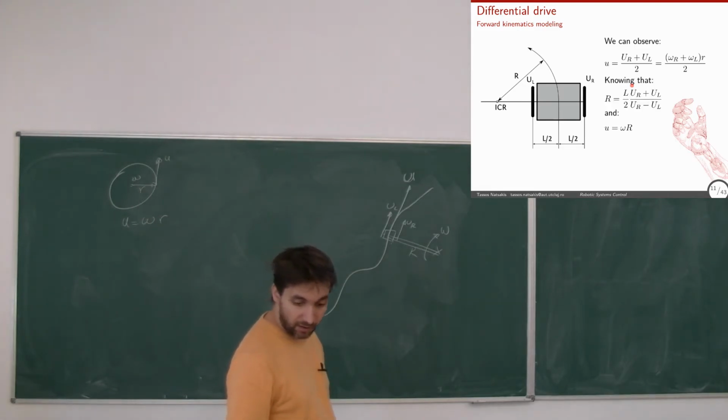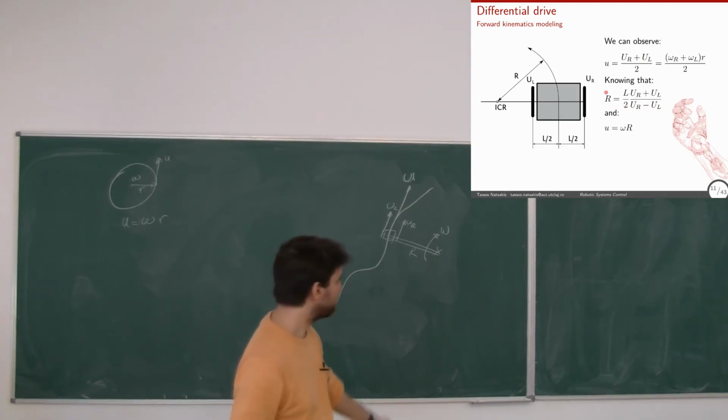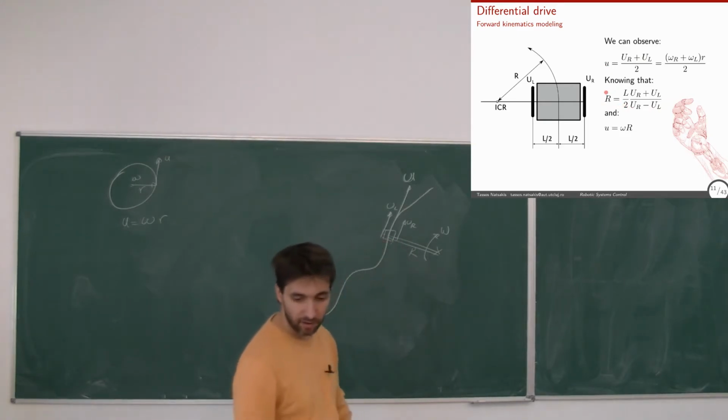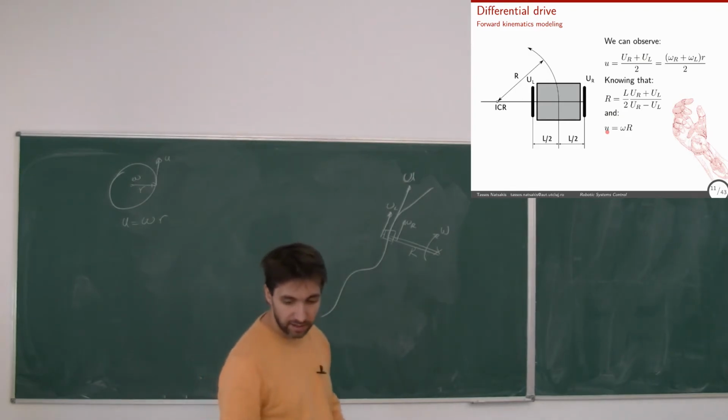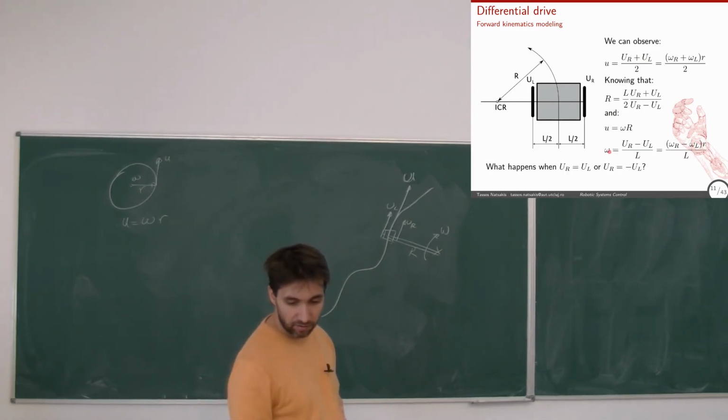Or I can do it with the angular velocity. If I know that this is my u, the linear velocity, and this is how I express the center of rotation, and I know that this formula is correct, I can calculate also for omega what is the relationship of the two linear velocities of the wheels or the angular velocities of the wheels.